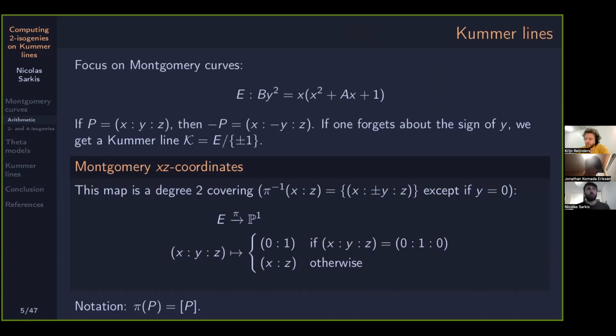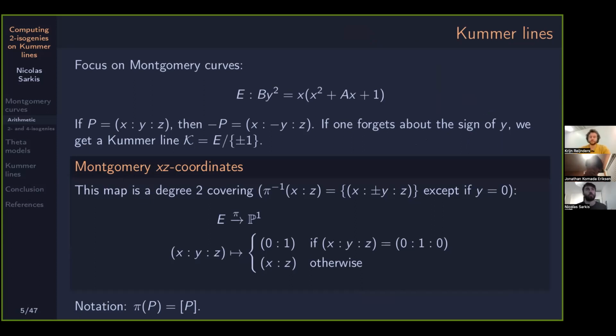So how do we define a Kummer line from a Montgomery curve? First, from the arithmetic law on elliptic curves, if P is a point, you have to think of them projectively, and if a point P is represented as (X, Y, Z), then minus P is almost the same: (X, minus Y, Z).